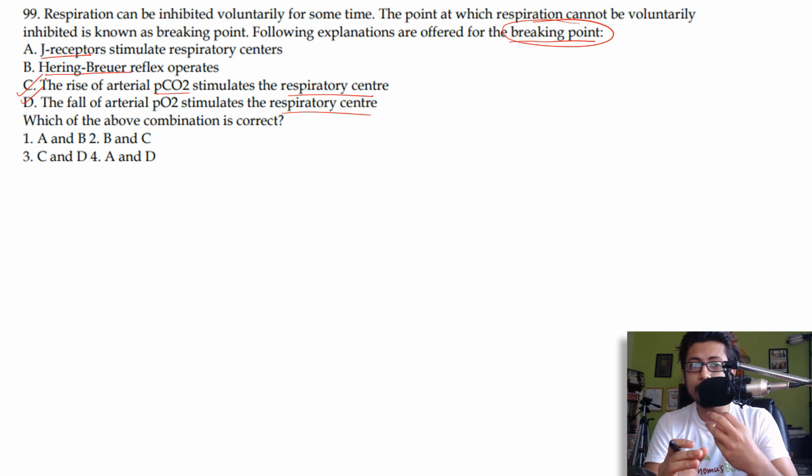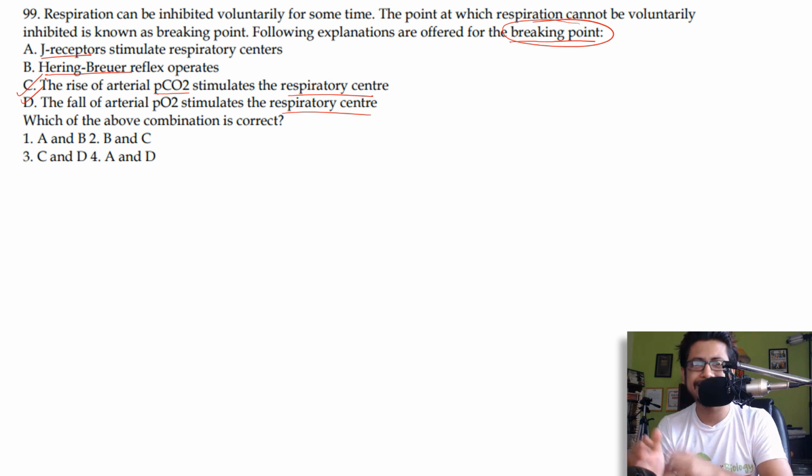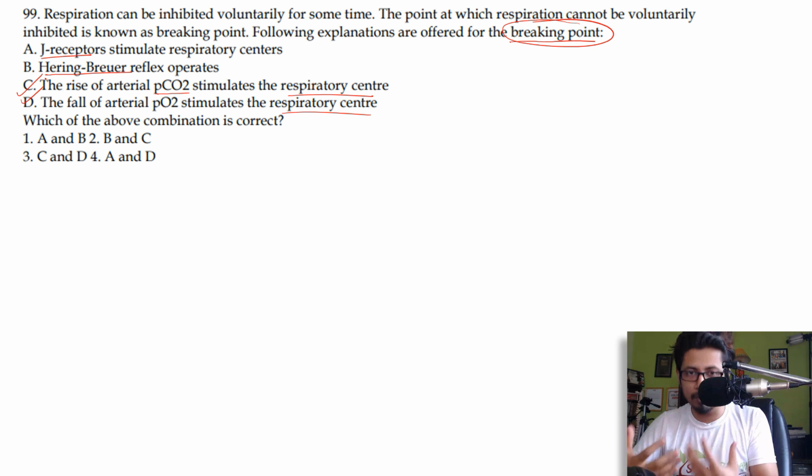And one more interesting fact is that when the carbon dioxide pressure increases in the blood, that is a signal that tells the body to continue the respiration even faster, because a high partial pressure of CO2 in the blood pushes us to take up more oxygen. That's why we can say the C and D statements are correct in this case.